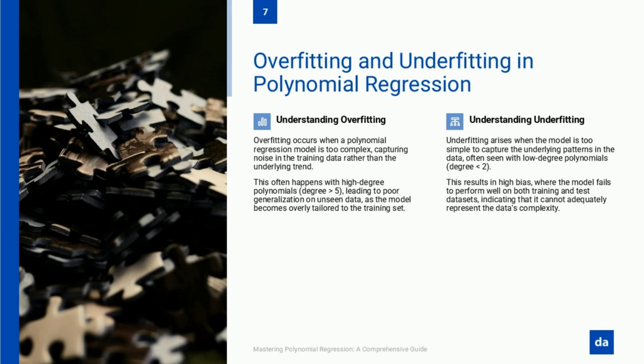The goal is not to create a model that perfectly fits the training data, but one that makes accurate predictions on new unseen data. Selecting the right polynomial degree is crucial, and avoiding both extremes ensures that the model is neither too simplistic nor too overly specific. In the next section, we'll explore techniques that help prevent overfitting, including regularization and feature selection.